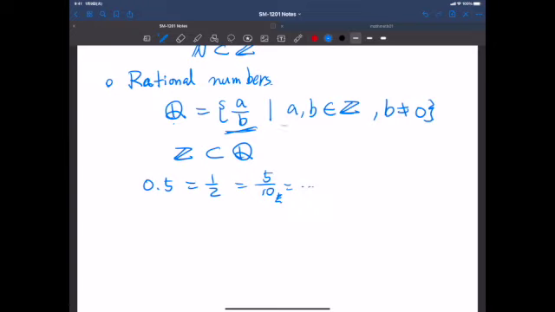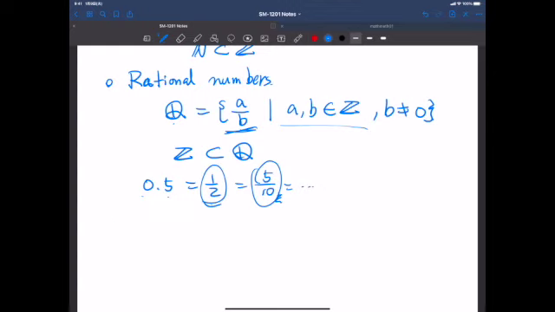According to this definition, this set should contain both 1/2 and 5 over 10, but they are both equal to 0.5. So this is redundant, so we just disregard this redundancy and only consider distinct elements of this set. Actually, this operation of ignoring redundancy requires some tricks, but we don't talk about it right now.